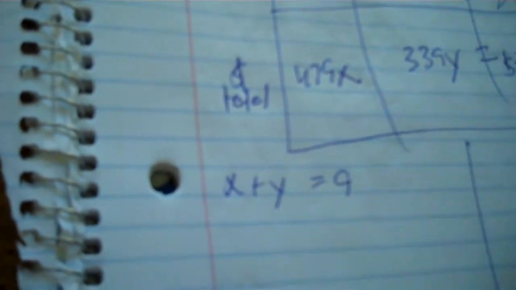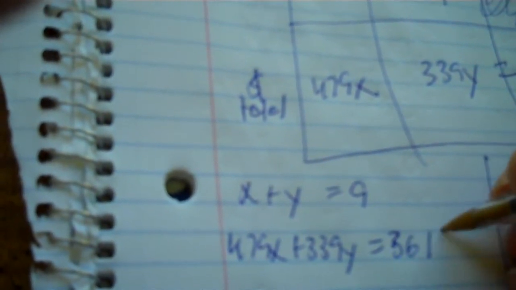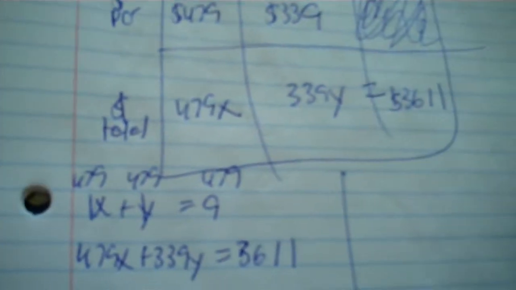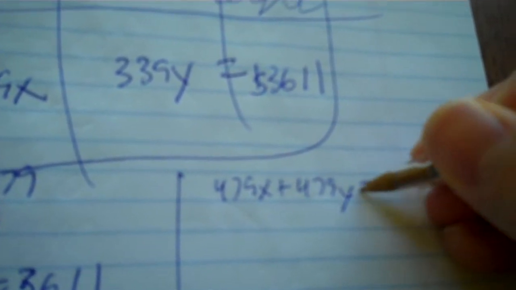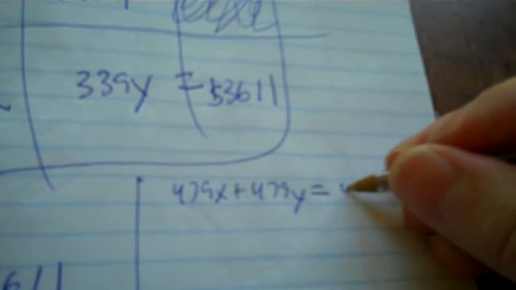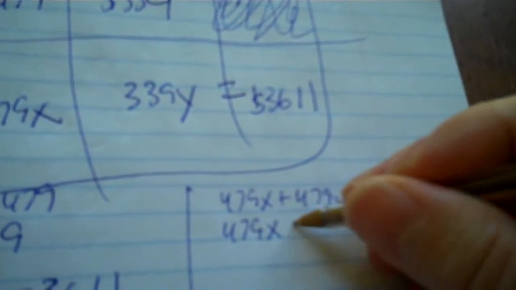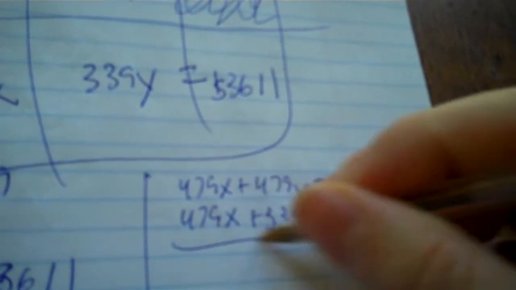You're going to have x plus y equals 9. 479x plus 339y equals 3611. So 479, 479, 479. So you have 479x plus 479y. 9 times 479 is 4,311, and the bottom would just remain the same. When you multiply by 1, it's just the same.